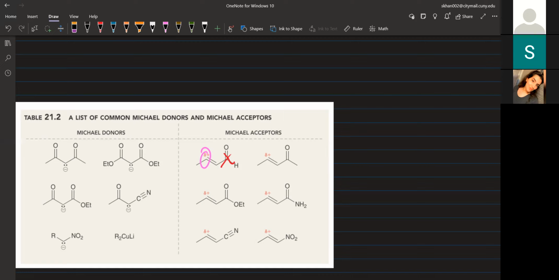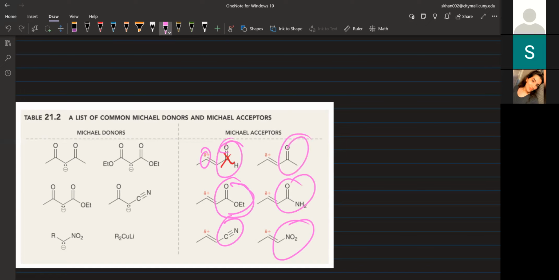Away from some sort of, what are these groups attached? Electron withdrawing, electron donating? NO2, nitrile, carbonyls, right? They all have some partial positive or fully positive charge, or some conjugation withdrawing electron density, right?